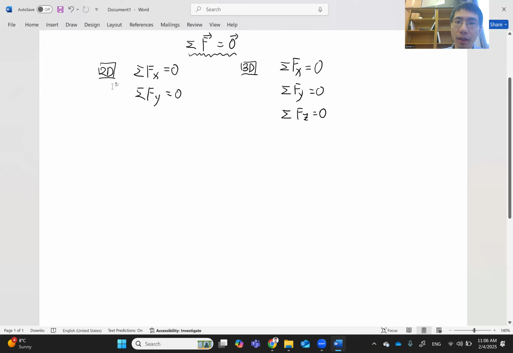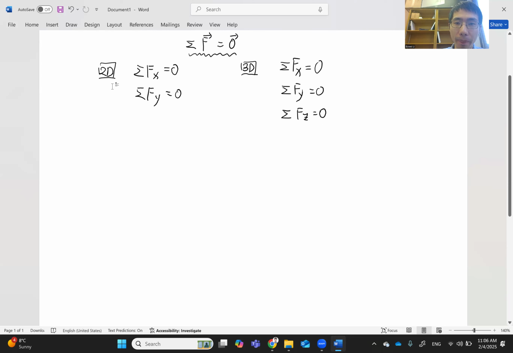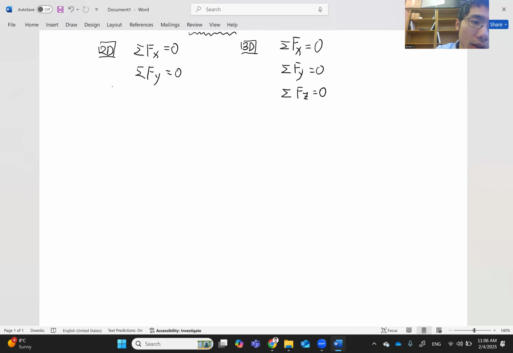It is where our students typically struggle the most. So now let's practice how we can make use of this equation.